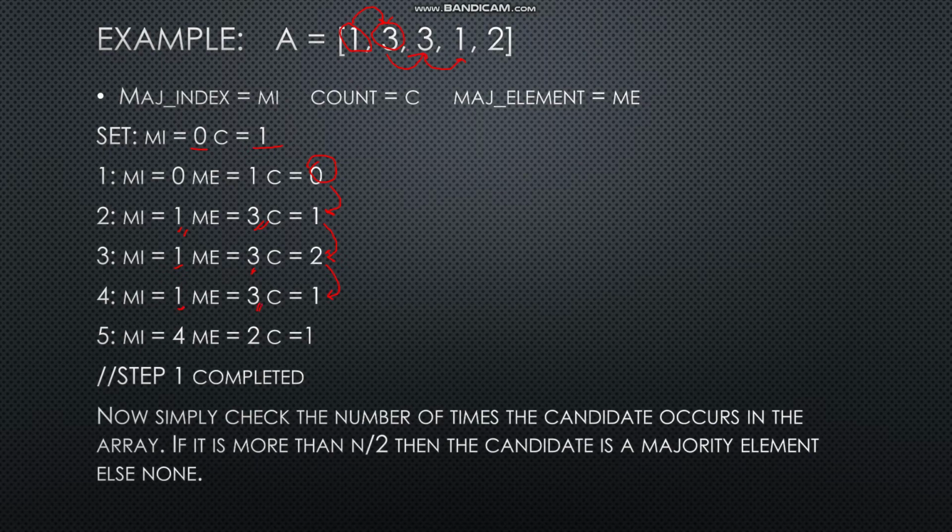Now we will again compare 3 to 2, and it is different, so we will decrement the count to 0, and as it is 0, we will reset the count to 1 and change the element to 2 and the index to 4. So step 1 is completed. Now simply check the number of times the candidate occurs in the array. If it is more than n by 2, then the candidate is a majority element. So we got 2 as the majority element.